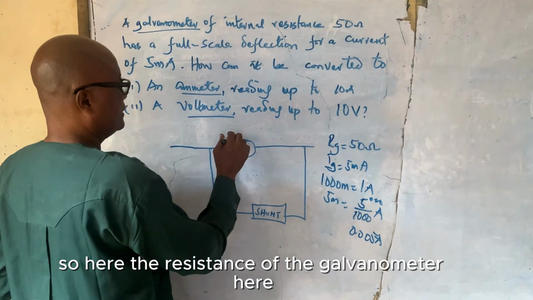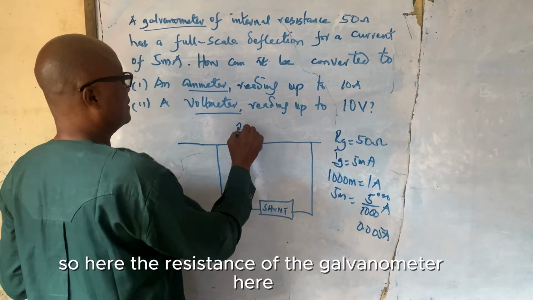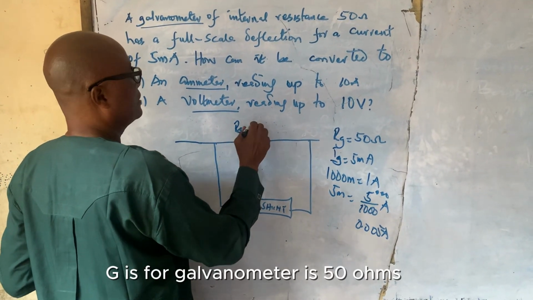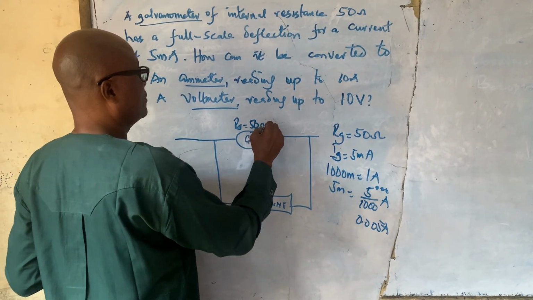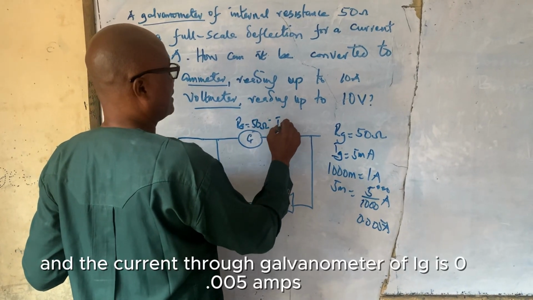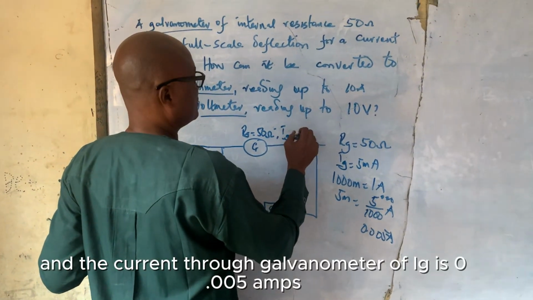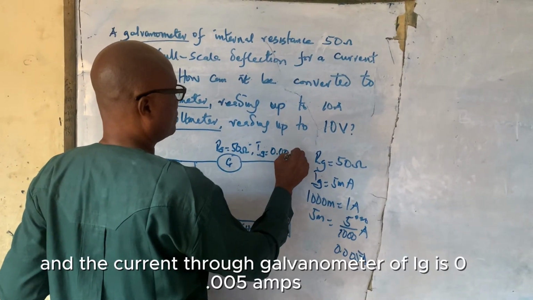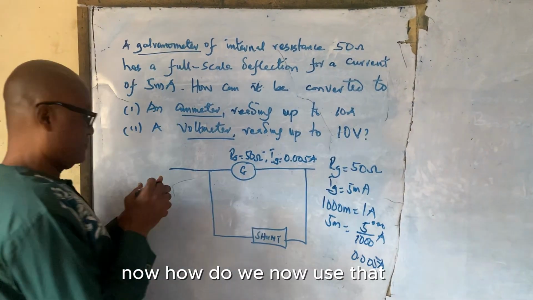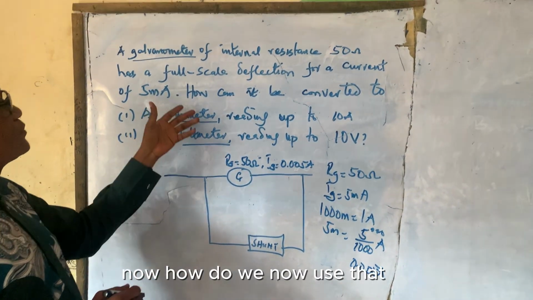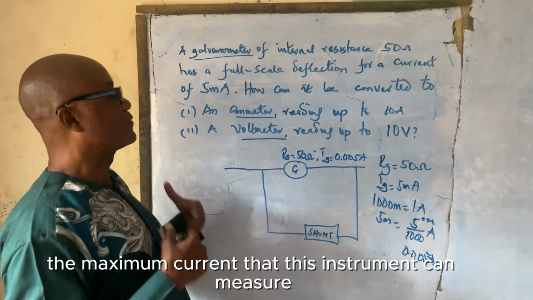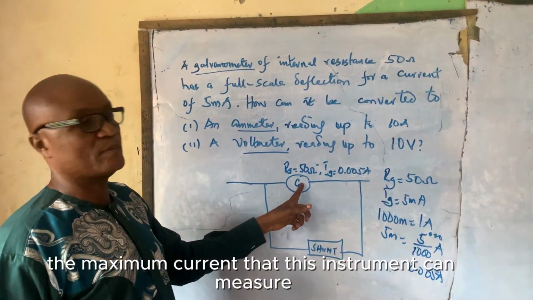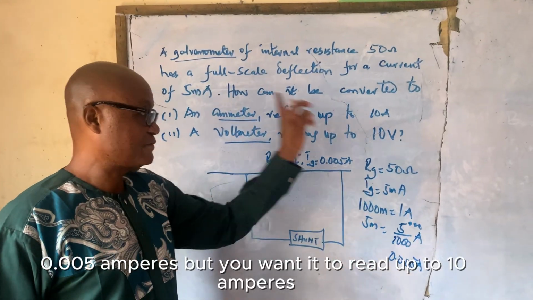So here, the resistance of the galvanometer, G is for galvanometer, is 50 ohms, and the current through the galvanometer, IG, is 0.005 amperes.